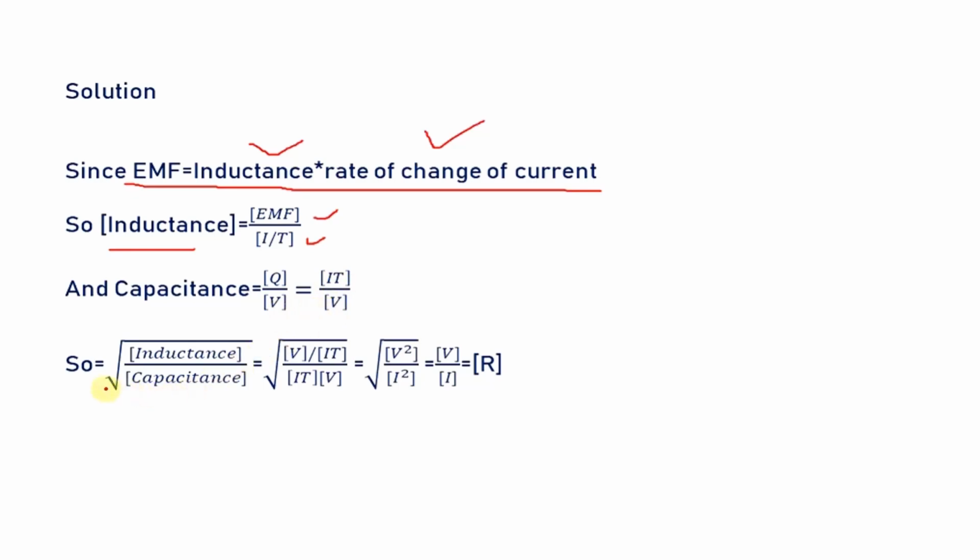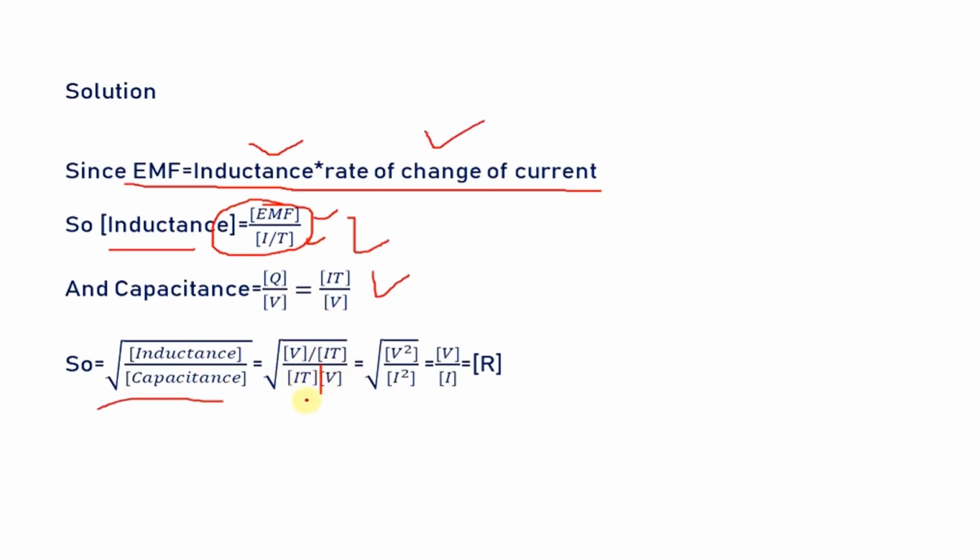Now just put these values, these inductance values and these capacitance values, in this formula, that is root over of inductance divided by capacitance, so V divided by IT from this equation, that is the inductance, and IT into V, there is a divide here.